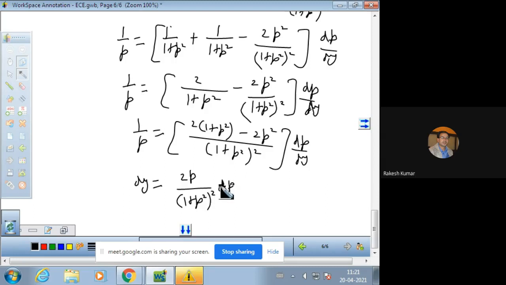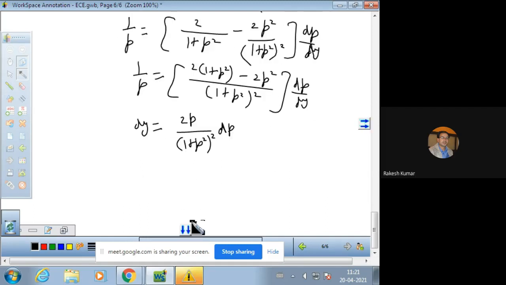Now you can integrate it, and after integrating, y is equal to c minus 1 over 1 plus p square. This will be the integration of this term, because the derivative of the denominator is there, and it can be written like this.